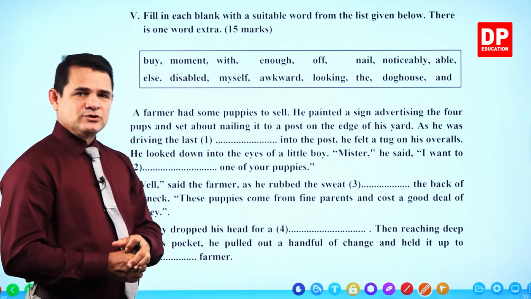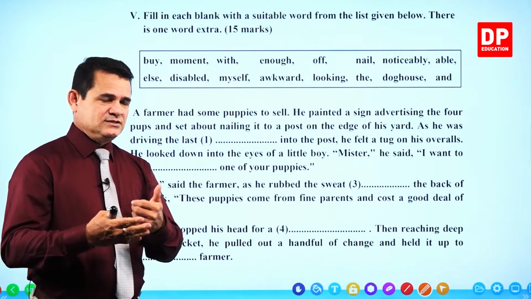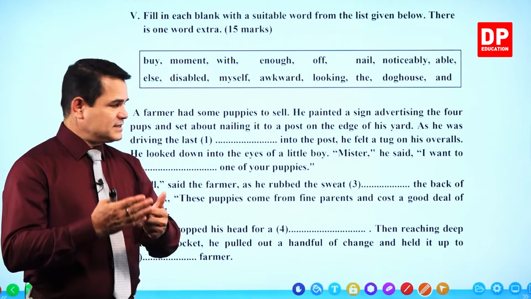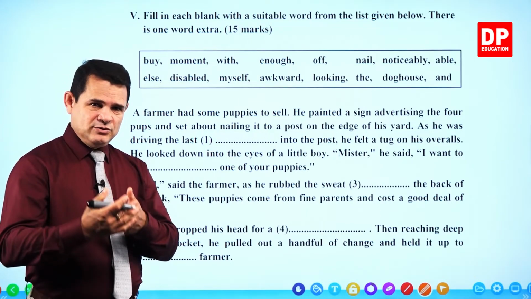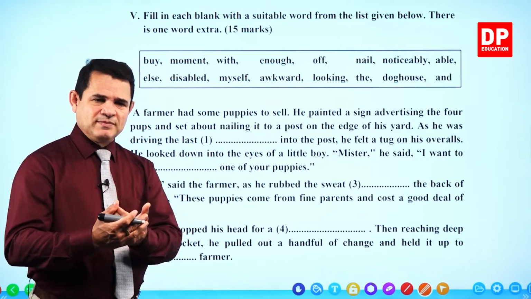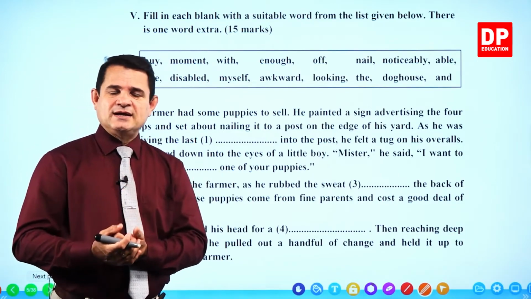Now here also I told you when you fill in the blanks of a paragraph like this, හිස්තැන් පුරවනකොට read the full paragraph with the blank. Then you can get an idea what is it about. Is it a story? Is it in present tense or past tense or future tense? ඒ ඔක්කොම පොඩි idea එකක් ගන්න පුළුවන්.